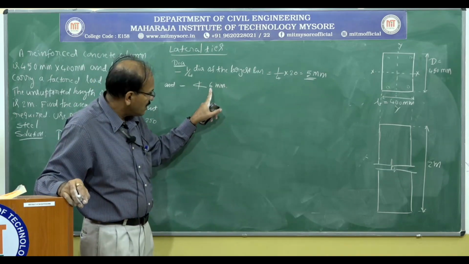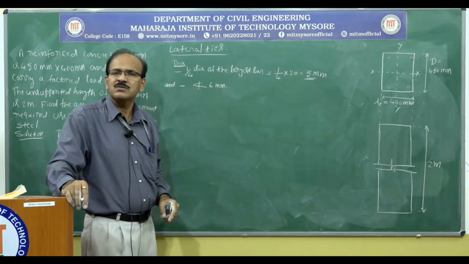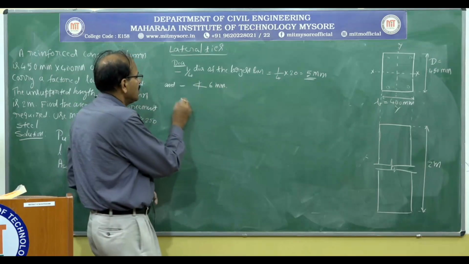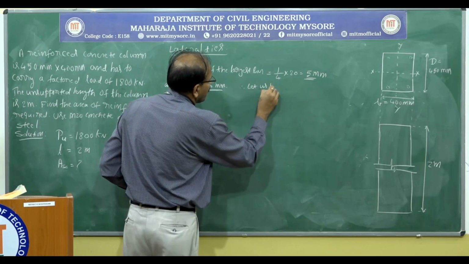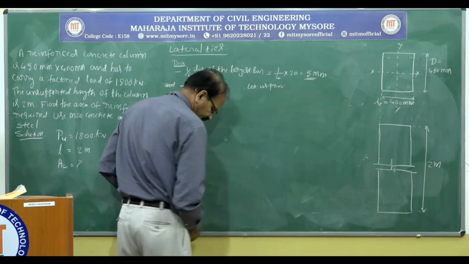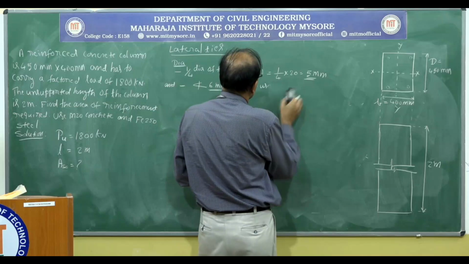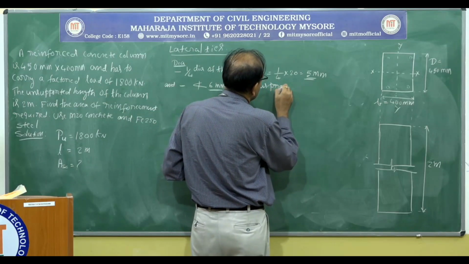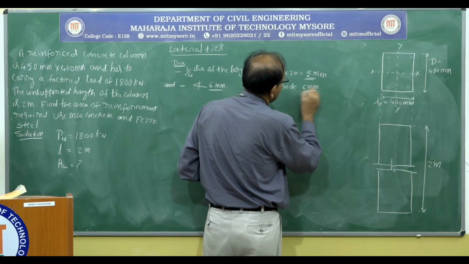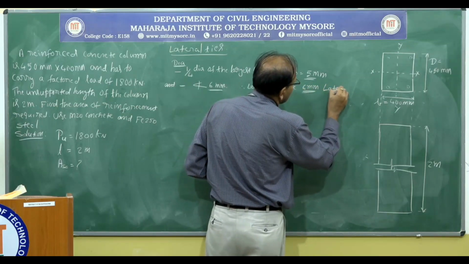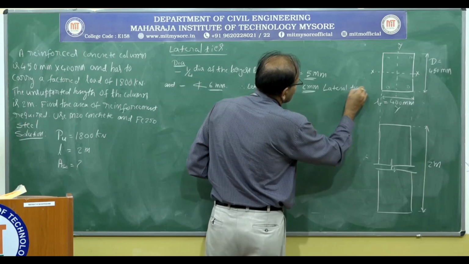In other words, take higher of these two values. Therefore, let us provide 6 mm lateral ties.